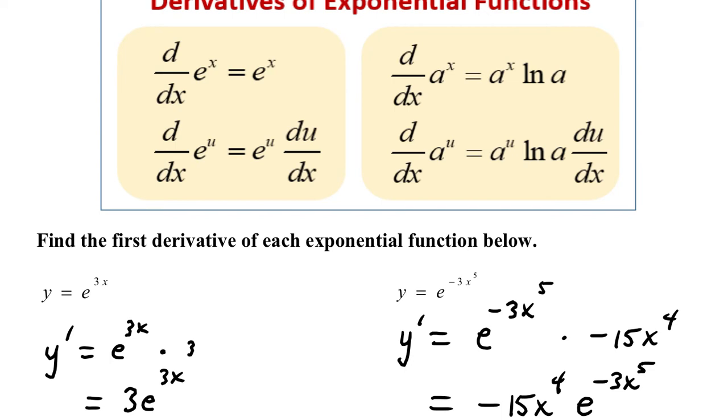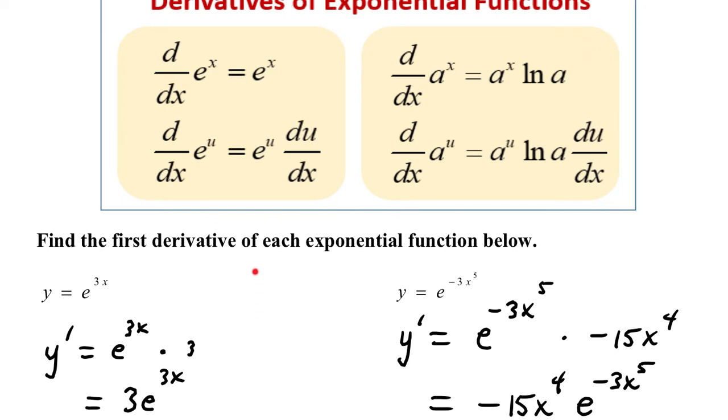As long as you have a number like 5 to the x, and that's it, then you're going to make a copy, and then you'll take the natural log of your base number. If the exponent has a derivative other than 1, then you will make a copy of the original problem times the natural log of your base number, and then times the derivative of that exponent.